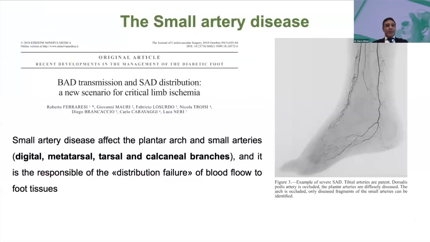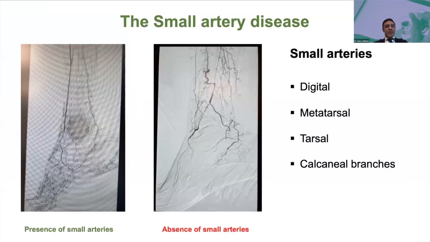The other important problem in patients with diabetes is the presence, in many cases, of small artery disease. Small artery disease is responsible for the failure of distribution of the flow inside the foot and across the different angiosome areas. In the left picture, you can see the normal presence of small arteries.